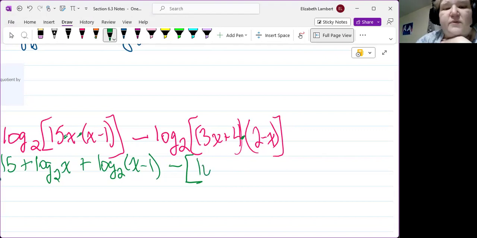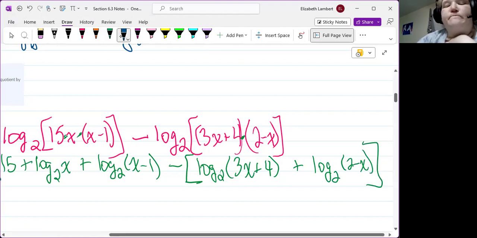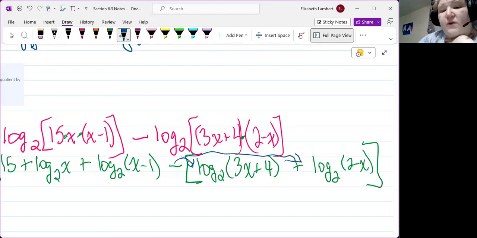So we have log base 2 of the first one, 3x plus 4, plus log base 2 of 2 minus x. So this minus sign is going to stick with this one, and it has to apply over here as well.